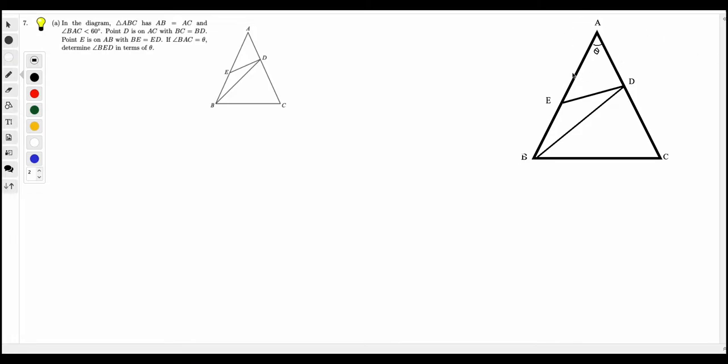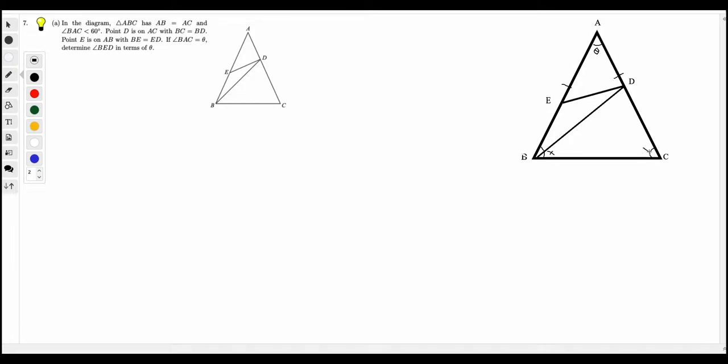First, since length AB equals AC, this is an isosceles triangle. So triangle ABC is isosceles. And angles ABC and ACB will be the same, so I'm going to give them the variable x.